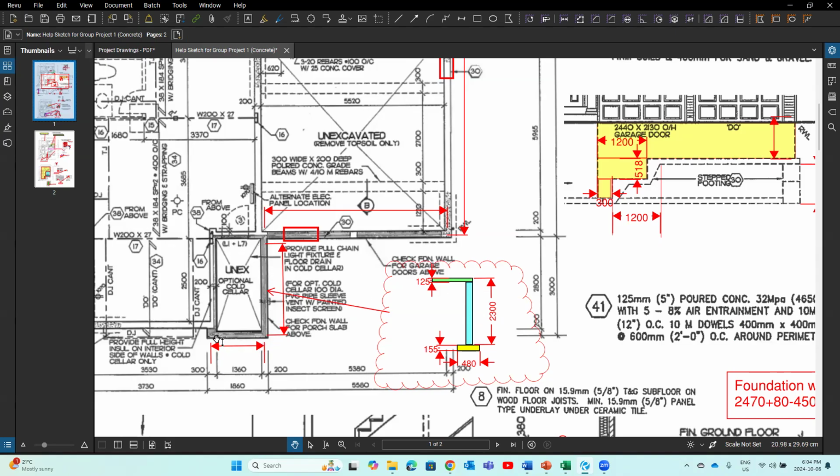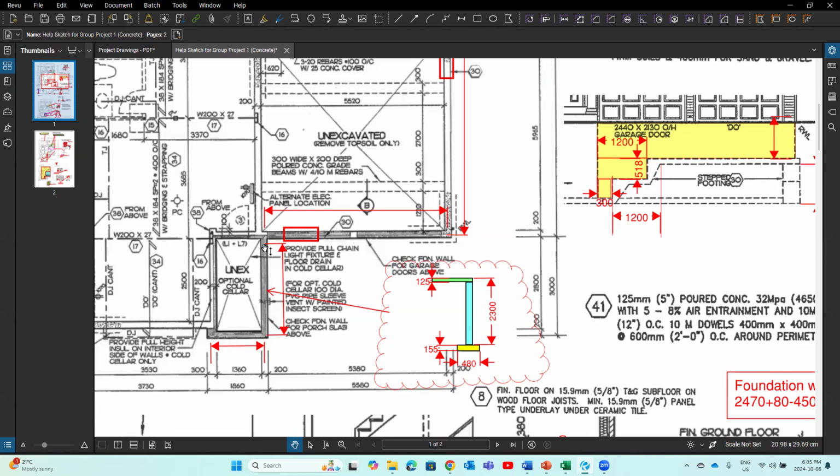You see this color? Means there's a slab here. And this foundation wall will be shorter. Okay, this foundation wall is shorter. So that looks like this. So that means when we calculate the formwork for this foundation wall, let's say formwork first.